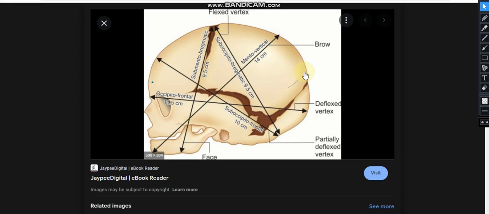We will go down. Going down, after vertex we have the occiput. The diameter having the name occiput in it is the occipitofrontal. Okay, so occipitofrontal will have 11.5. Then again going in descending order, we will have subocciput. From subocciput we have two things, the suboccipitobregmatic and suboccipitofrontal.